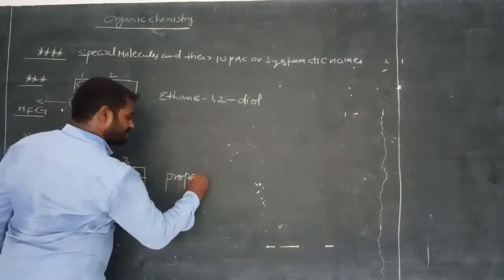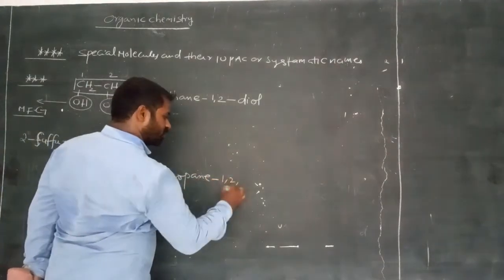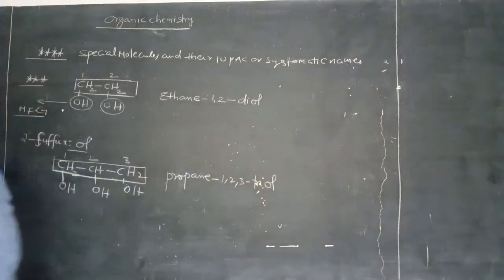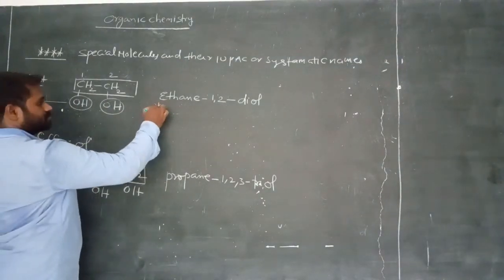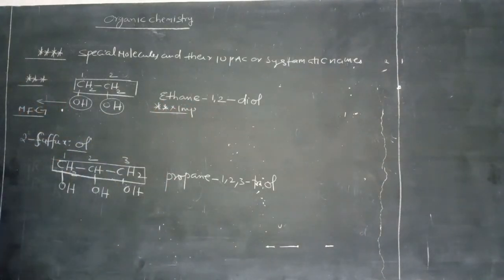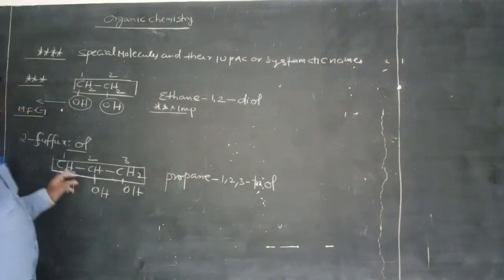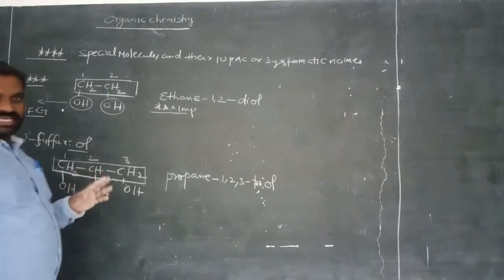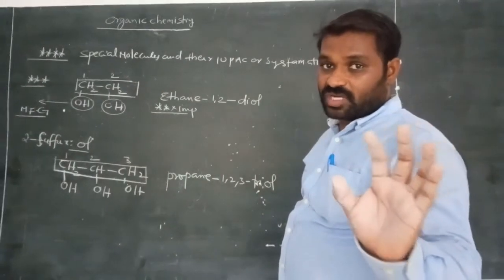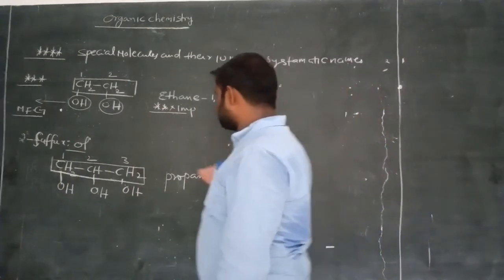Prop, plus a, propane. 1, 2, 3, triol. Okay, these prefixes are very important. If 4 are there, 1, 2, 3, 4, tetraol, like that. Remember this. First identify the longest carbon chain. Here the 3 OH groups are taken as the main functional group, because OH is the alcoholic group and acts as the main functional group, not a substituent.